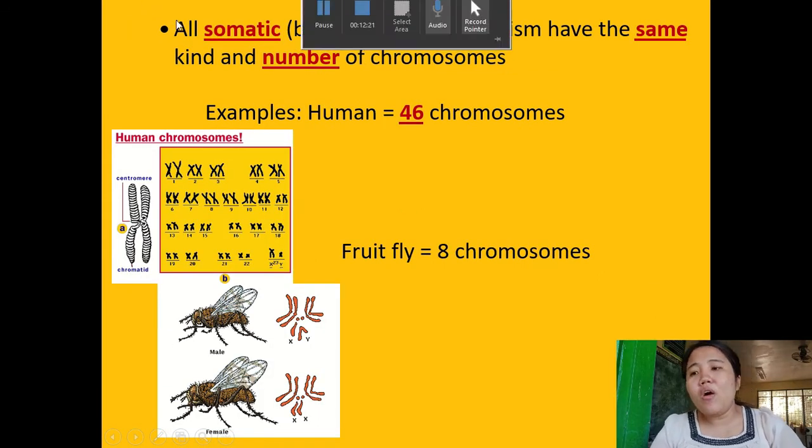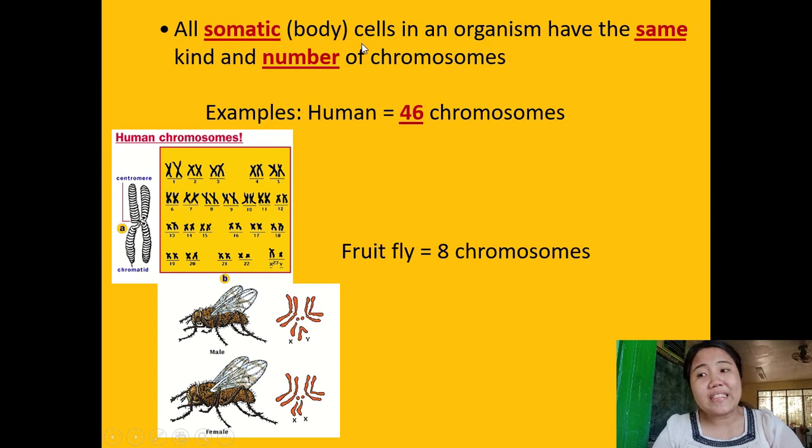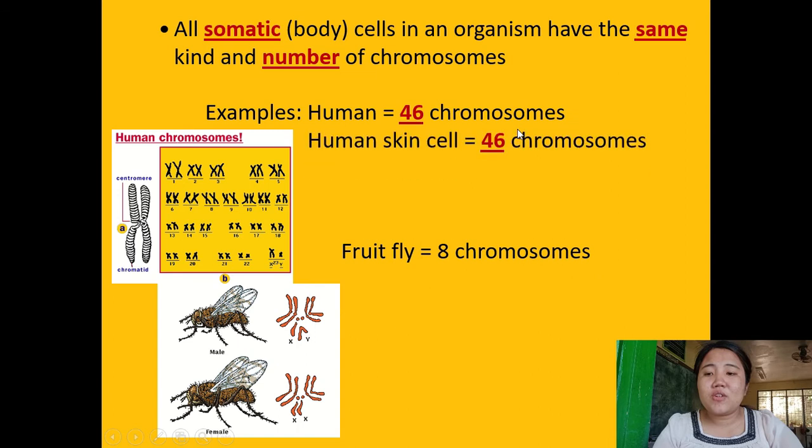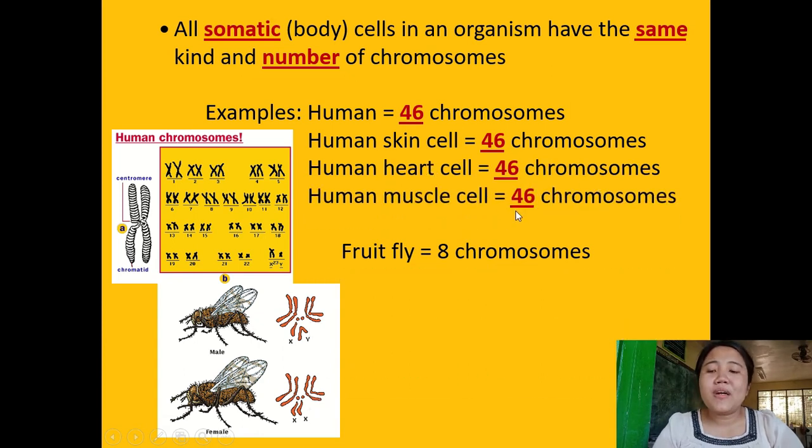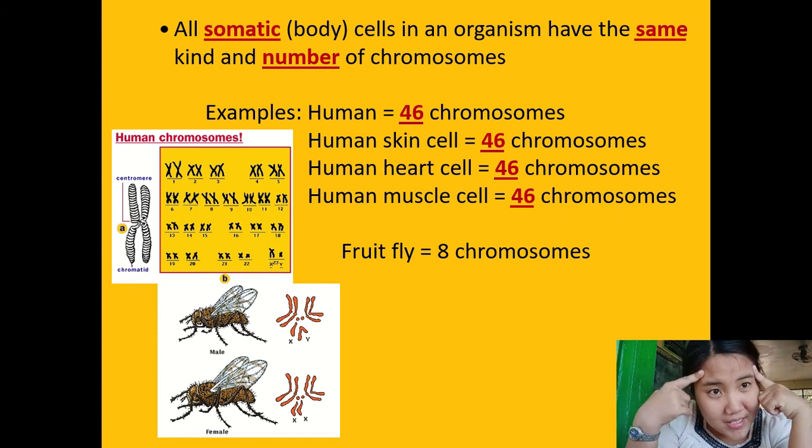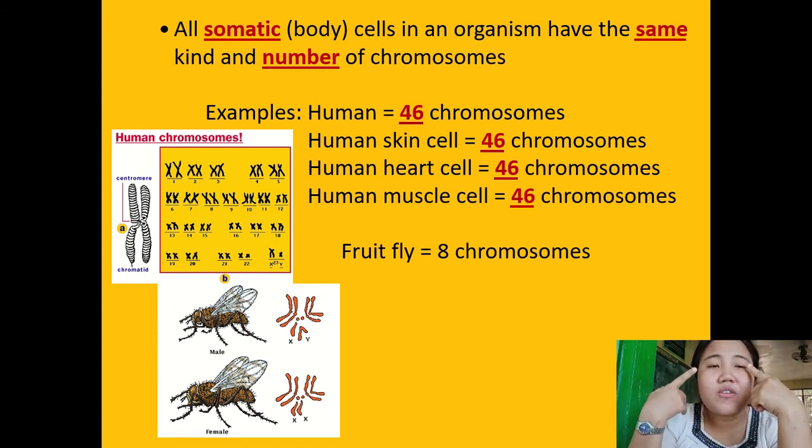Now, all somatic cells or body cells in organisms have the same number of chromosomes. For example, humans have 46 chromosomes. A human skin cell has 46 chromosomes. A human heart cell has 46 chromosomes. A human muscle cell has 46 chromosomes. So the chromosomes inside my head are 46. Inside my eye, 46.